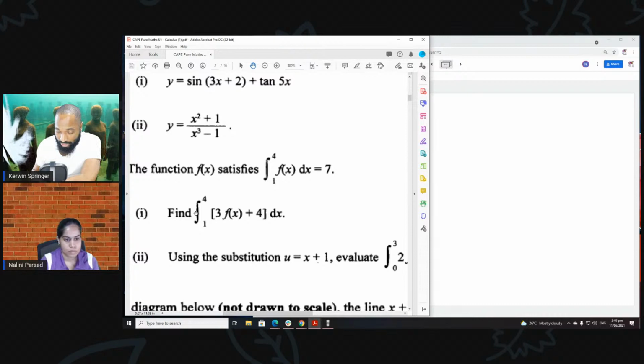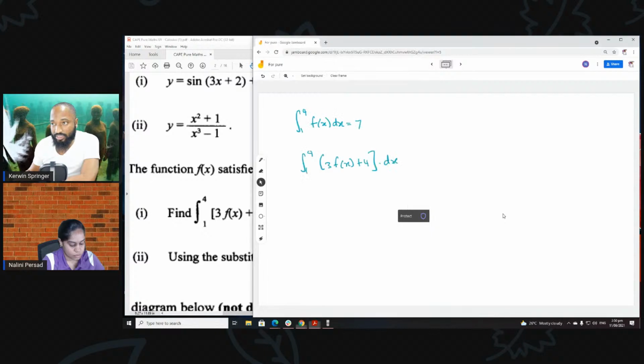3 f of x plus 4 with respect to x. All right, so this is what we have here. And we want to break this down so that we can have a nice little explanation of what's going on. So we can separate this into 2 integrals.